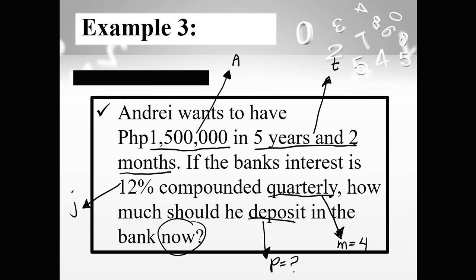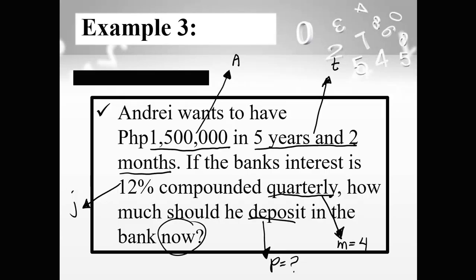Okay? Ayan. So, let's write the given. So, our given, first is our future value, which is 1.5 million pesos. Next, our time. So, sa time po natin, we have 5 years and 2 months. Tsaka sabi natin, di ba, pag time, it should be in years.